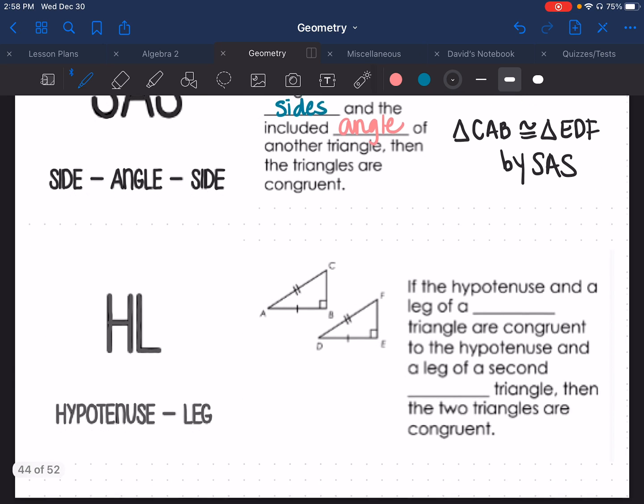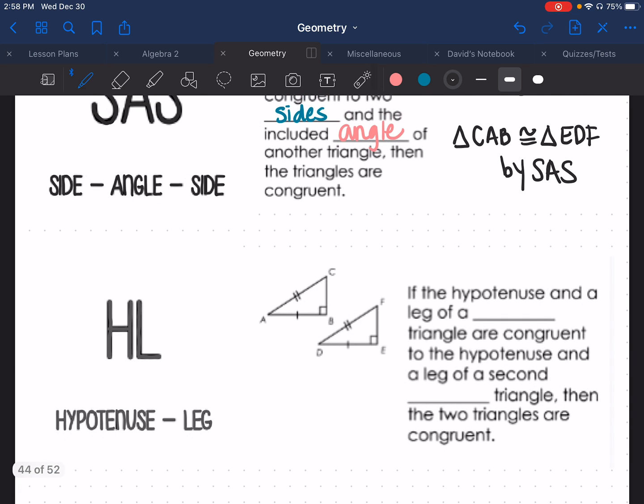All right, the last shortcut that I want to talk to you guys about today is called hypotenuse leg, or HL. This is a special shortcut because it only applies to my right triangles.